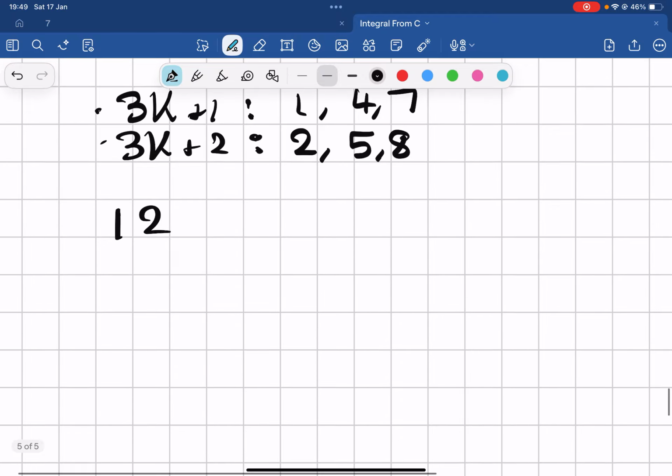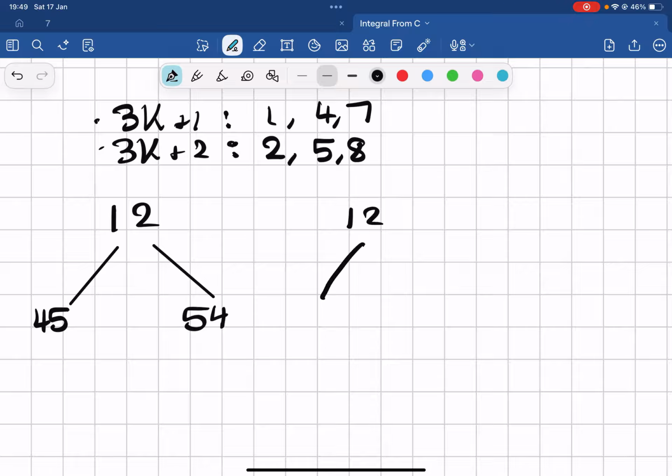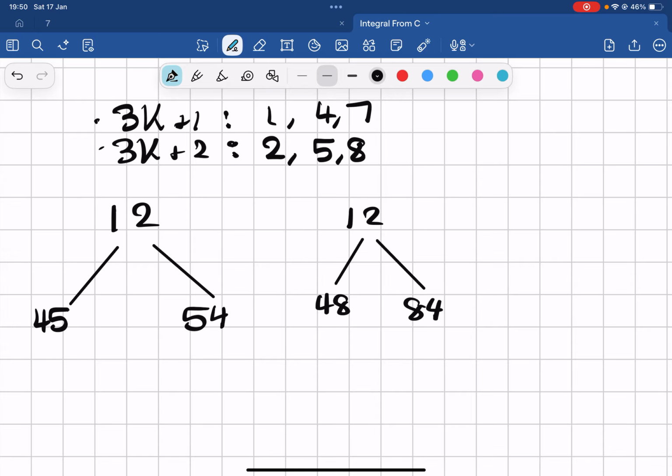So let's draw this in a tree diagram. If you choose 12, you can choose either 45 or 54. Let's remember not to forget that option. Or instead of choosing 4 and 5, we could have done 48 or 84.